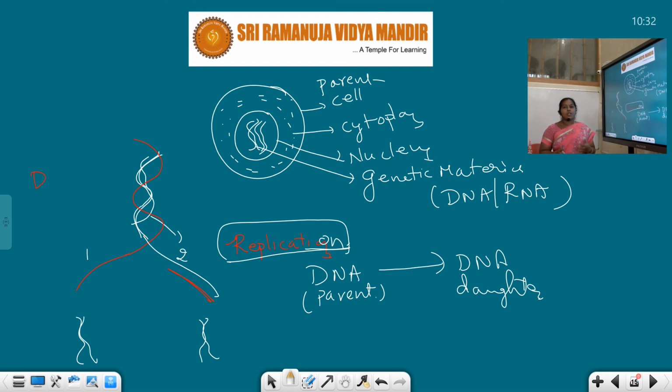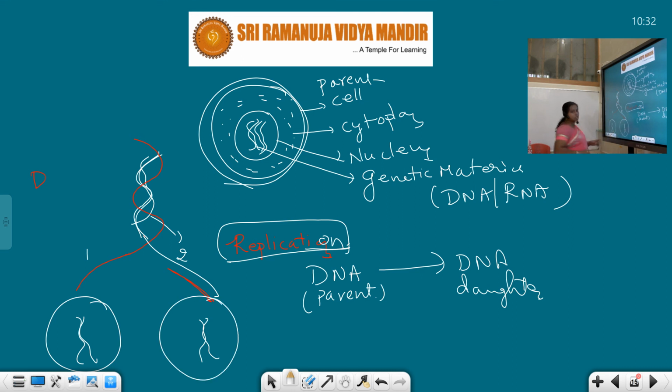It is not sufficient; this is just half. To complete the process, the whole cell has to divide. This is called cell division or cytoplasmic division. First karyokinesis, then division of the cytoplasm, and only then do we get a new individual cell. The parent cell gives two daughter cells with their own DNAs. Understand, students?